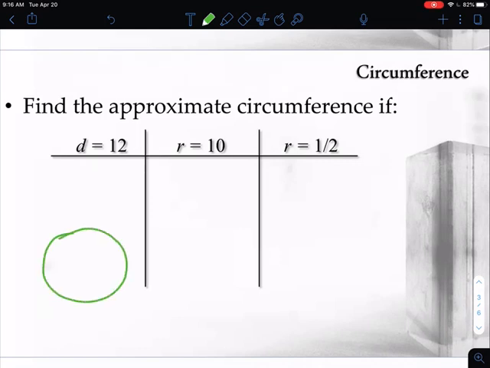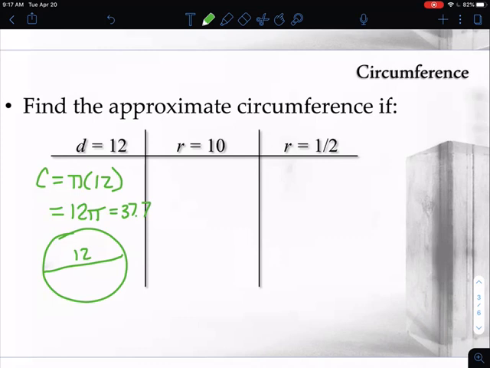So that means if I have a circle and the diameter is 12, then if I want the circumference, I'm going to use my formulas from the last slide, which would be circumference is pi times diameter, which in this case is 12. And so then I can either leave that as 12 pi, which would be the exact answer, or I could type in 12 times pi in my calculator, and we end up with a circumference of about 37.7.